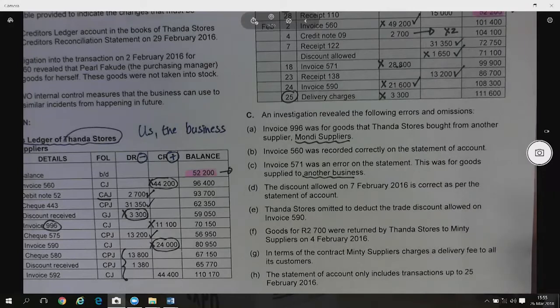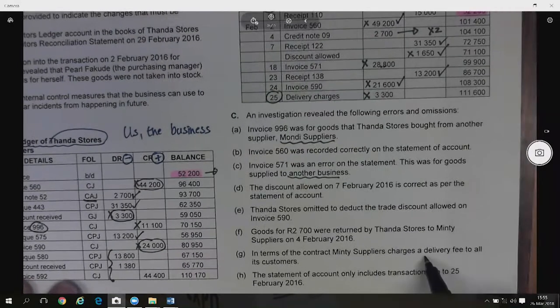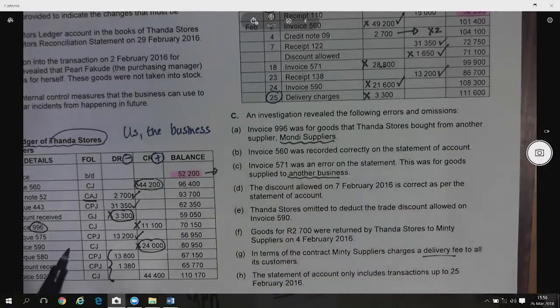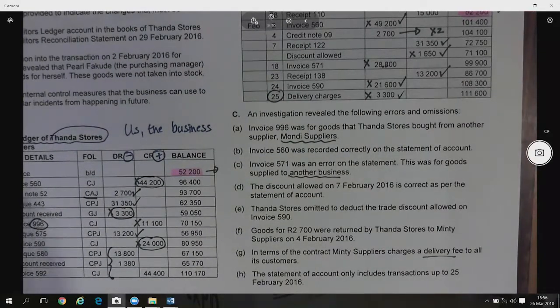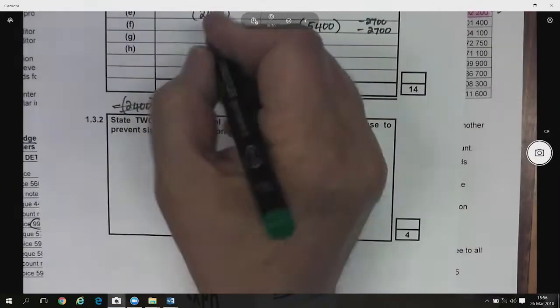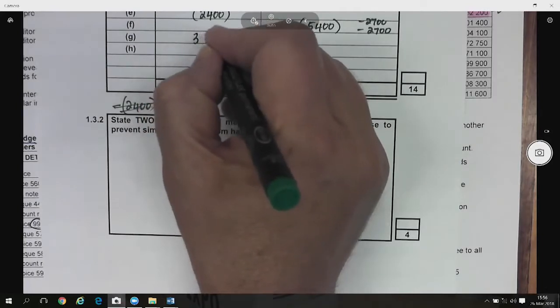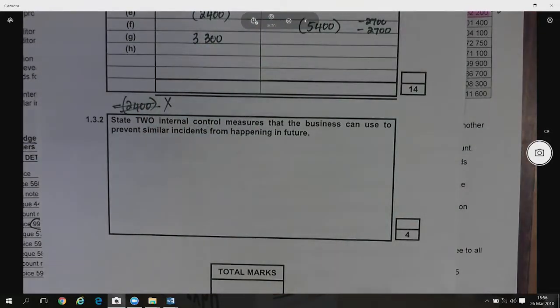Number G. In terms of the contract, Minty Supplies charge a delivery fee to all their customers. There's the delivery fee. It's not in our books, so we can tick it there. There's nothing wrong with it, and we can put it in our books, 3,300 Rand, plus 3,300 Rand.